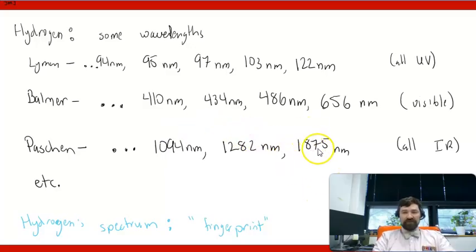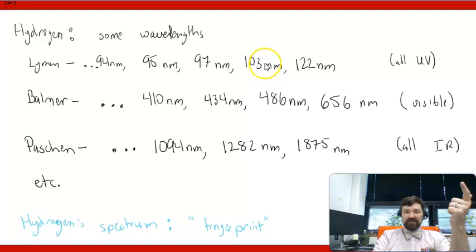So this would be from the second state to the first state. This is the third to the first, fourth to the first, fifth to the first, sixth to the first. So that's going from right to left rather than left to right. If you want to go from left to right for the Balmer series, this would be 6th state to second.